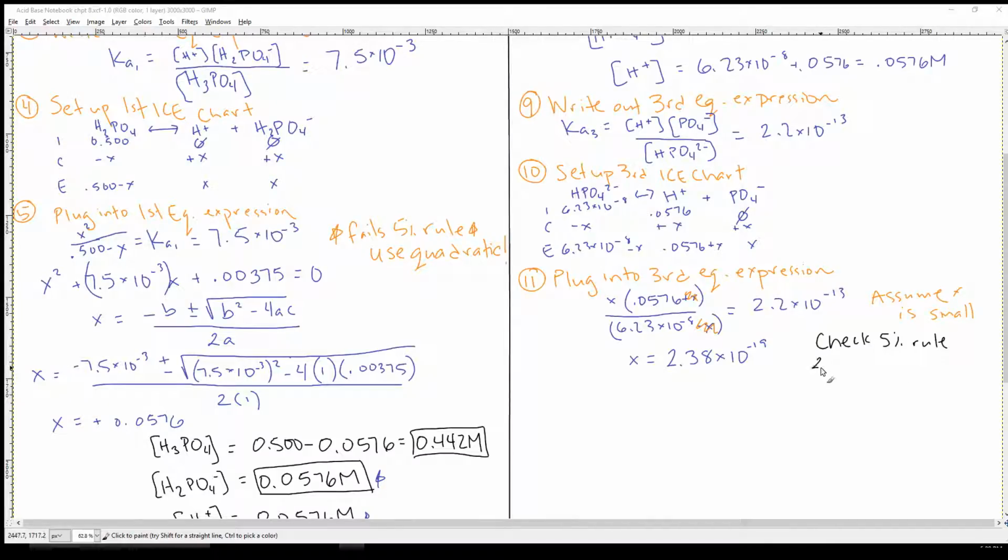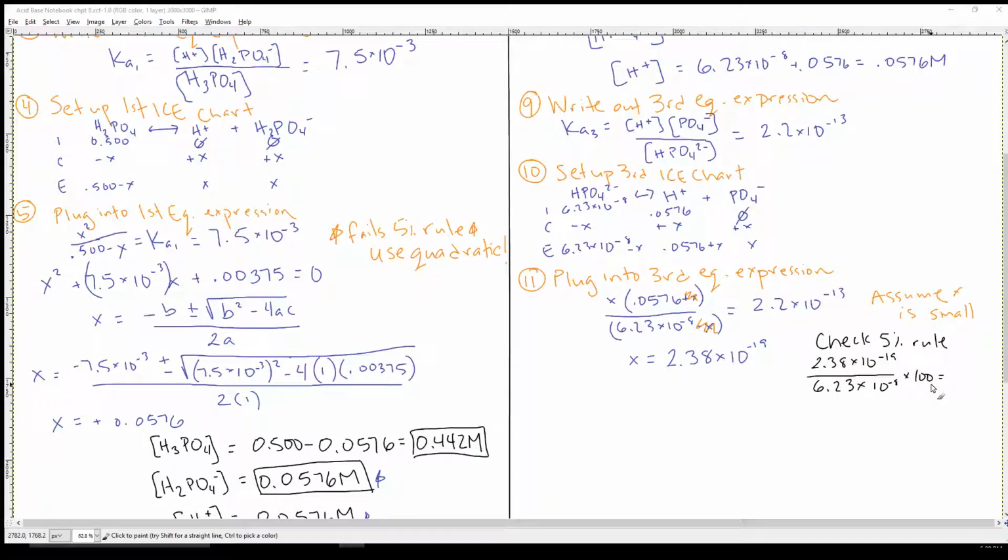So my x, 2.38 times 10 to the negative 19 over the number it's being compared to. If I choose the smaller number, the much, much smaller one, that one is harder. It's more difficult to pass the test using that number. So I'll use that one. If it can pass this test, then it can pass any test.